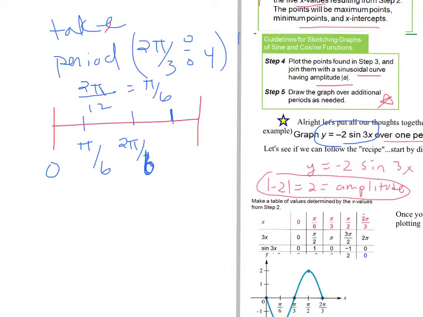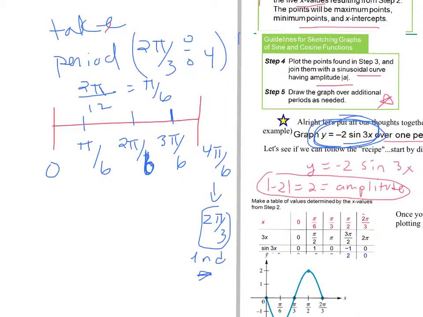Then 2 pi over 6 plus another pi over 6 would lead you to 3 pi over 6, and your last endpoint would be 4 pi over 6. Notice that 4 pi over 6 reduced is 2 pi thirds. So you should end at exactly where the period is, which is 2 pi over 3. So you know you've chopped it up okay.